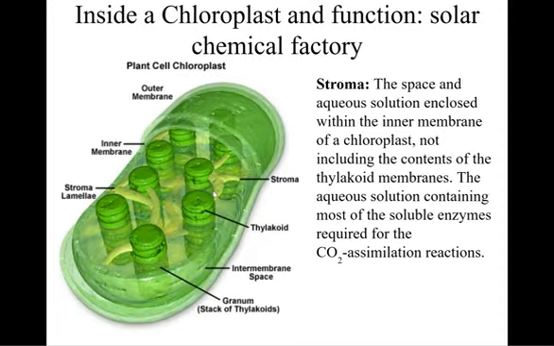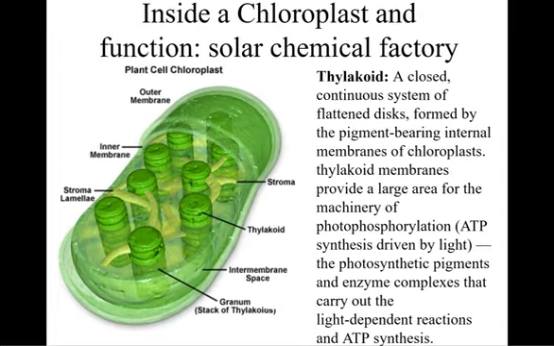And so the stroma, the aqueous solution, contains most of the soluble enzymes required for the carbon dioxide assimilation reaction, which is the Calvin cycle. So we'll note that the Calvin cycle is happening within the stroma.